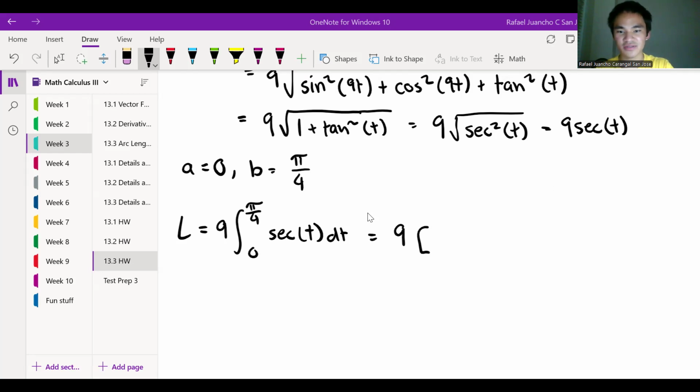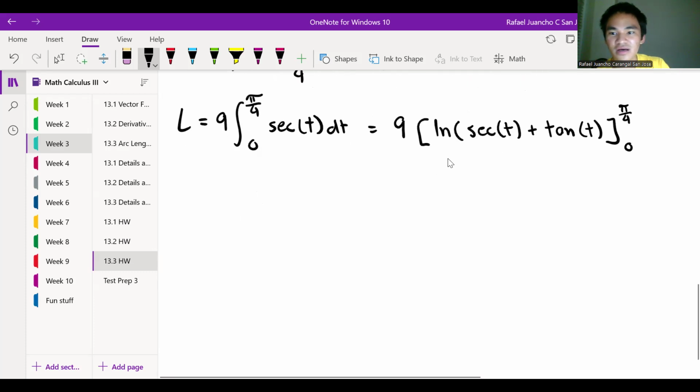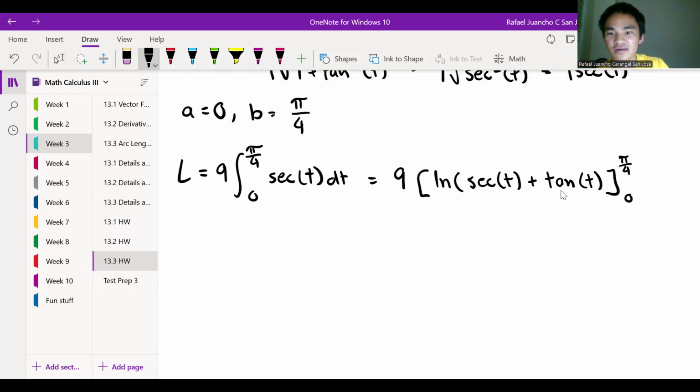Okay, so it's natural log of secant plus tangent. So natural log of my secant plus my tangent. So something I maybe have to put in the notes because I totally forgot this thing. And I apparently used it here. Cool.